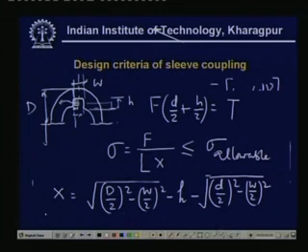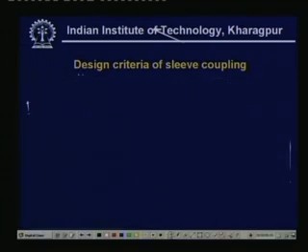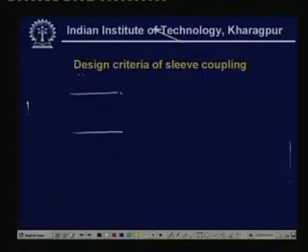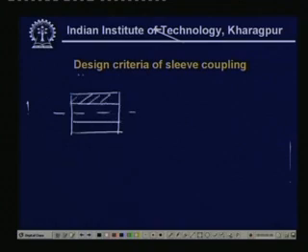The other stress, of course, which is very important, will be that of the shear stress.